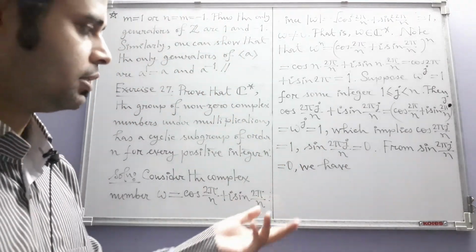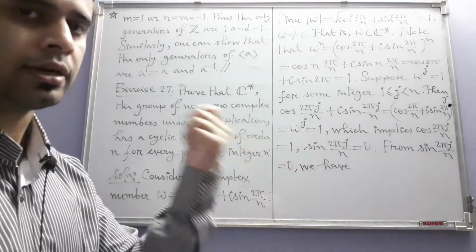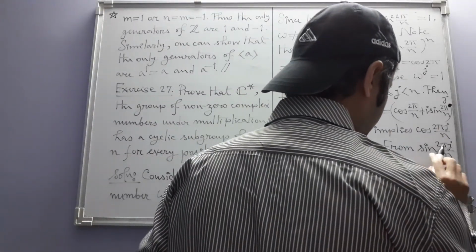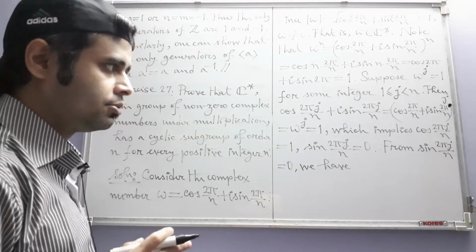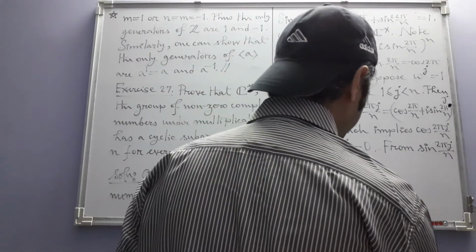That is the convention. But if we mean degree, we have to explicitly write degree. So here the angles are in radian. So if sine of some angle is 0, then the angle should be an integral multiple of pi radian.